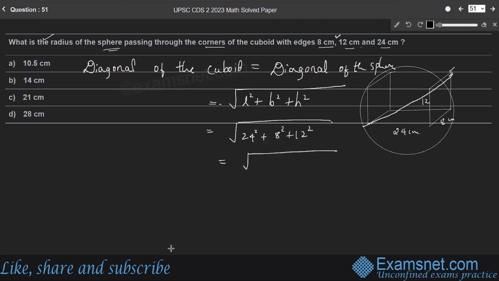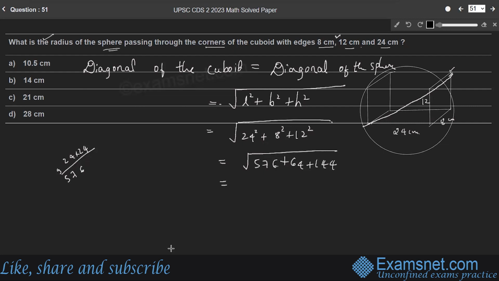So simplify it. 24 into 24 is 576. Then 576 plus 8 square, which is 64, plus 12 square, which is 144.